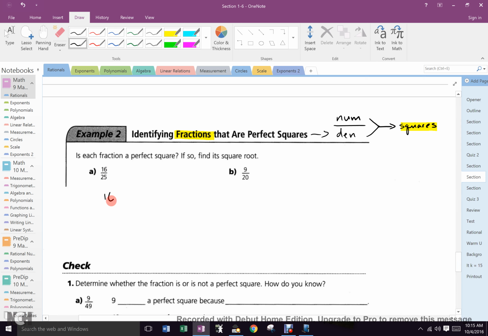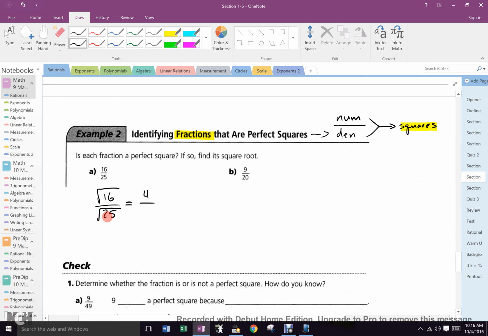Well, let's check. If it is a perfect square, then there has to be a square root of 16 and a square root of 25. Is there a square root of 16? If you don't know it, you either check with your calculator or you look on the chart that you just filled out. What is it? 4.